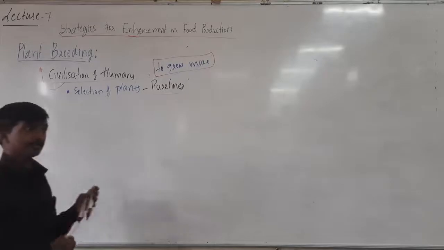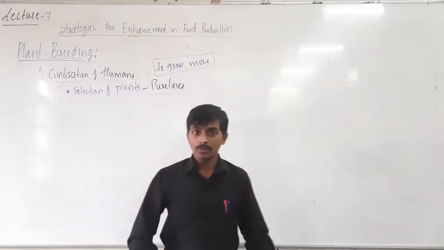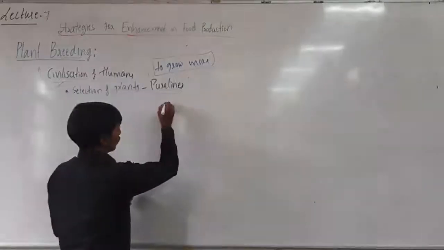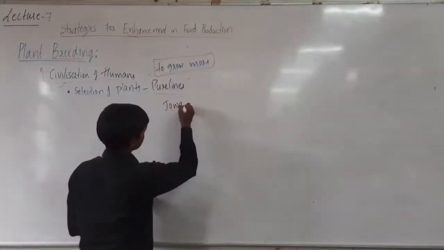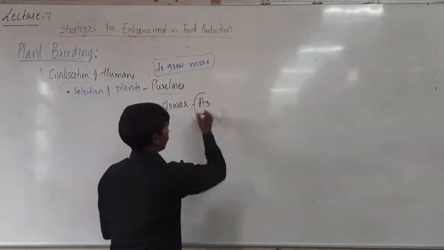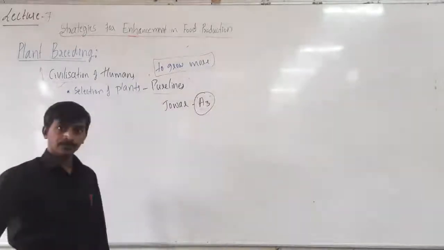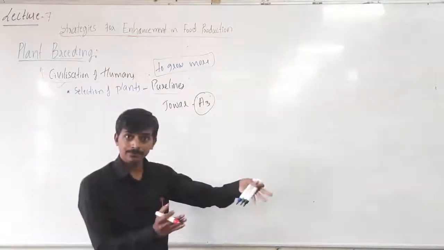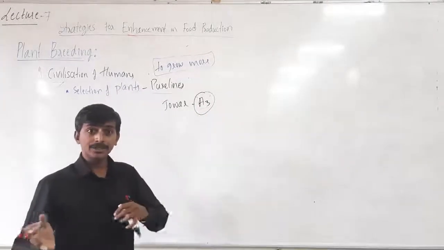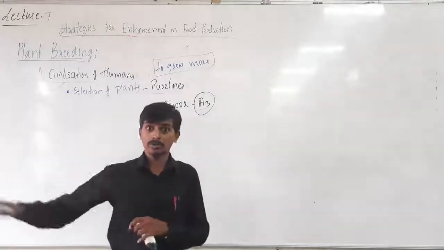So imagine in one village, Jamakhandi, Hunnur, one farmer is growing one variety of jowar. I name it A3. The variety is A3 variety of the jowar. For 10 years he is growing the same variety. For 10 years he is getting the same amount of yield as compared to other farmers.